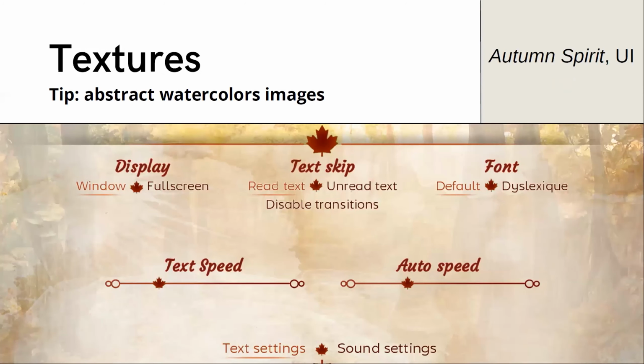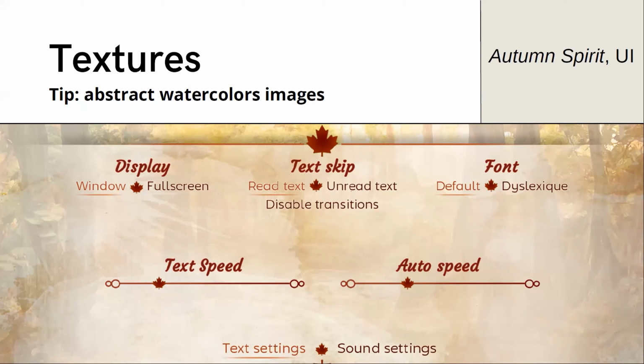Then there is texture. My tip is to use abstract watercolors, images, everything, everywhere, all the time. Texture really gives you a different vibe. The same UI without texture just looks more plain.